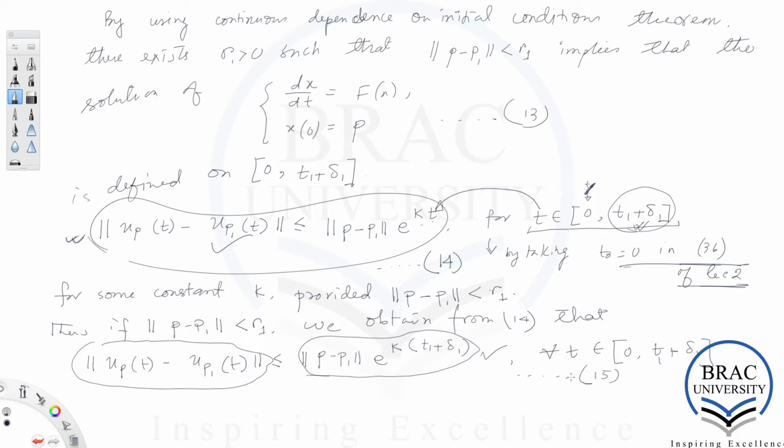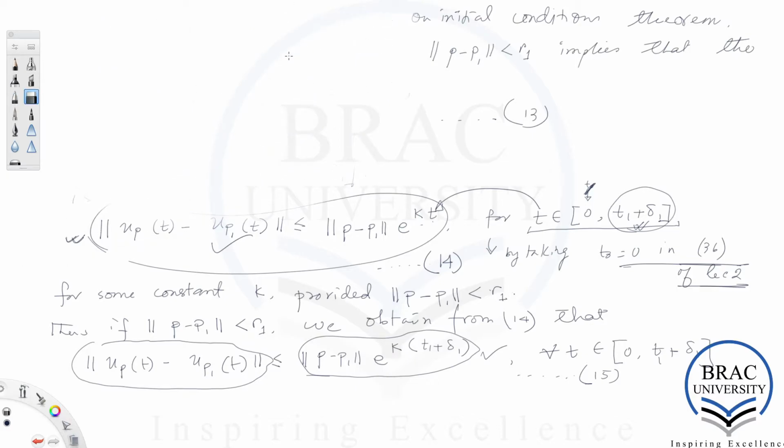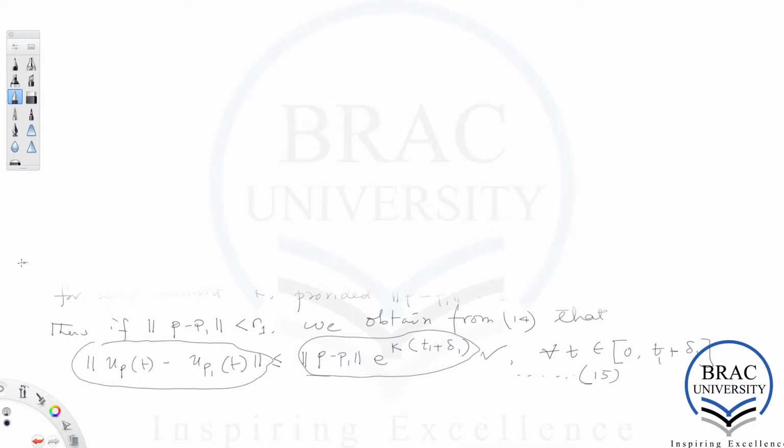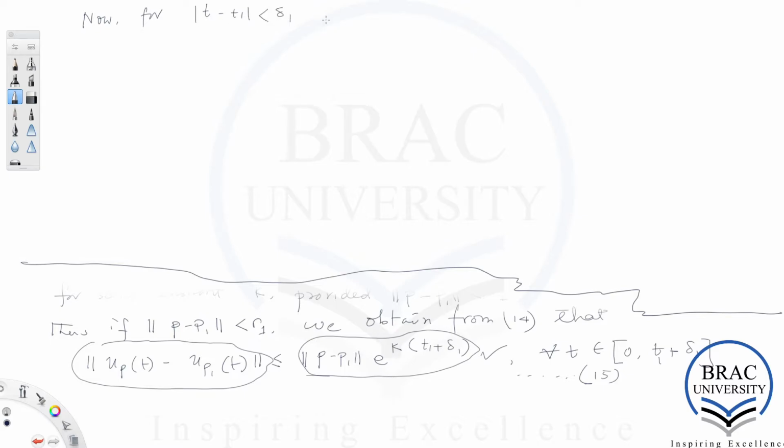Okay, I need space. Okay, this is 15. Now for the absolute value of t minus t1 being less than delta 1, and whenever we have the norm of p minus p1 less than r1, one has the following.